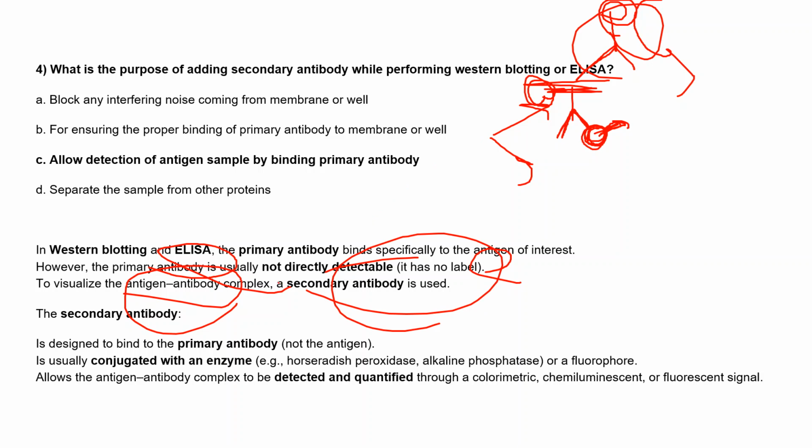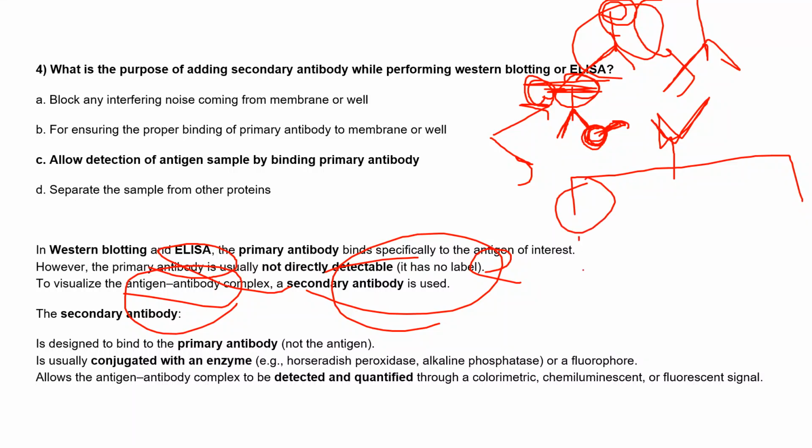It is designed to be specific to the primary antibody. If many primary antibodies are raised in the same host, we can use the same secondary antibody for all of them, but each primary antibody will be specific to its protein.